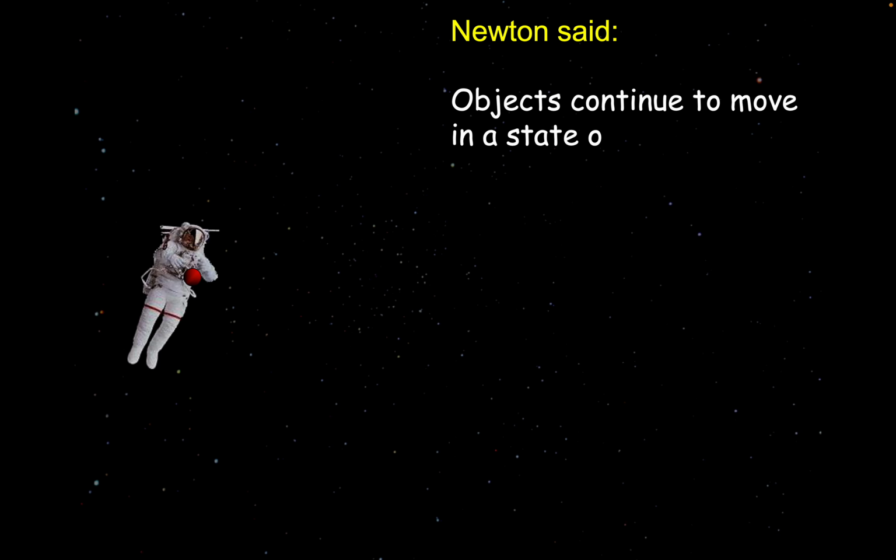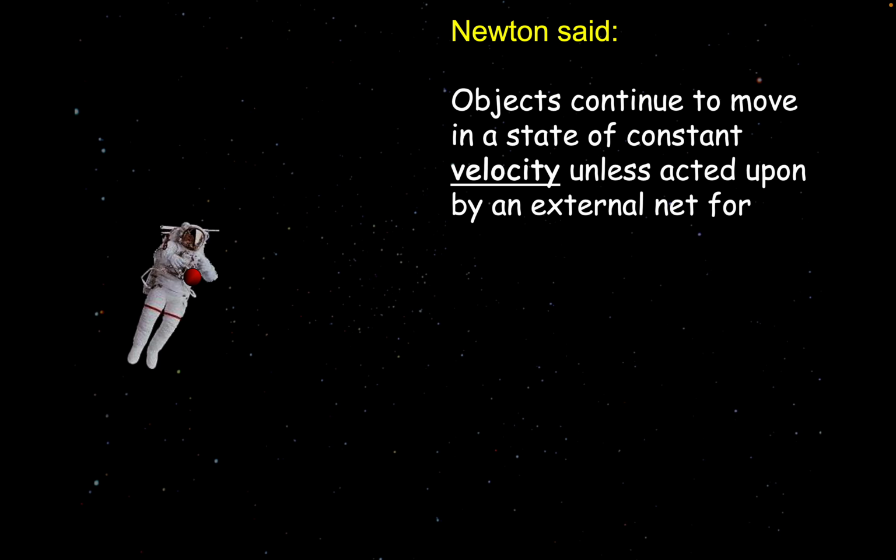I explained this in a previous video. Newton said an object will continue to move in a state of constant velocity unless acted upon by an external resultant force. They call it a net force. That's Newton's first law. So every object, like this ball, once it's moving, will keep on moving at that velocity. And in space, if it's far away from a gravitational field, it will just keep on moving without changing its velocity.